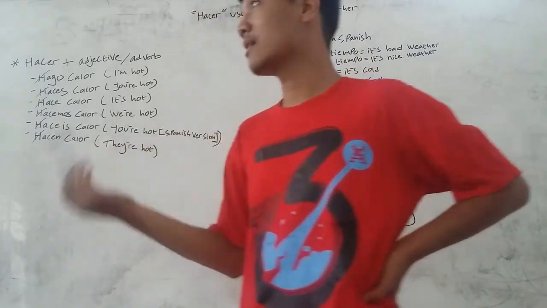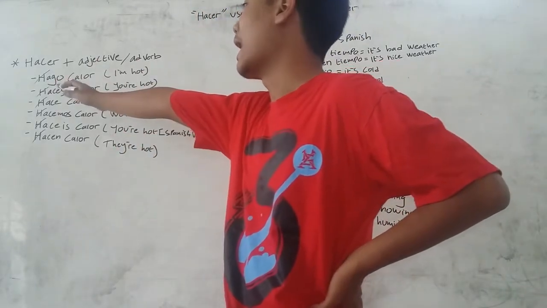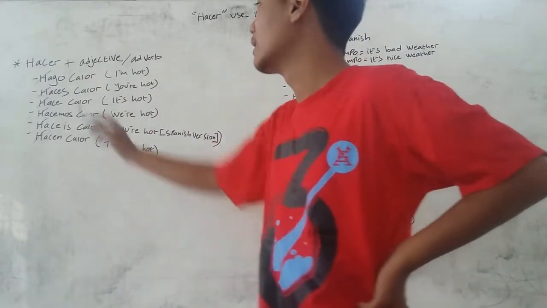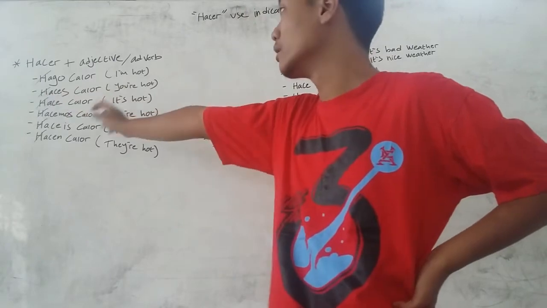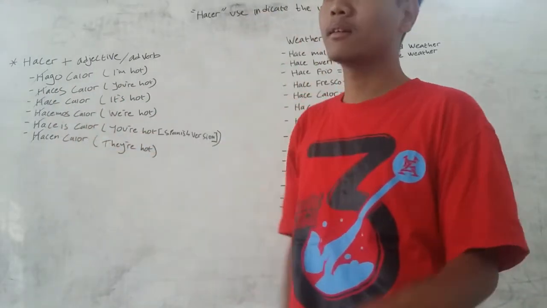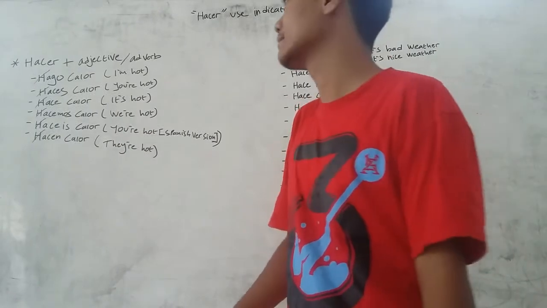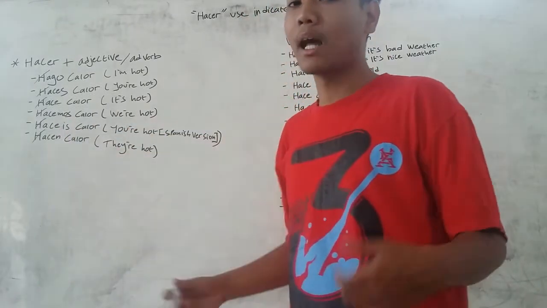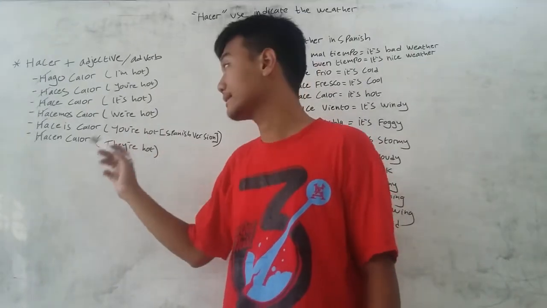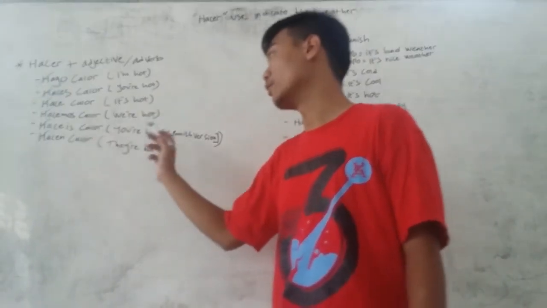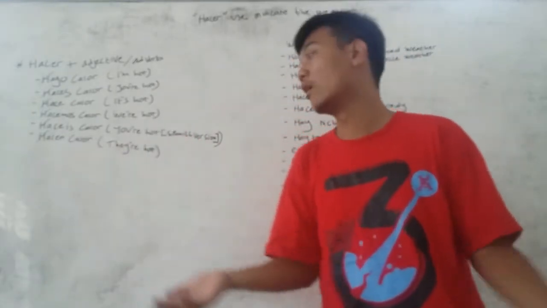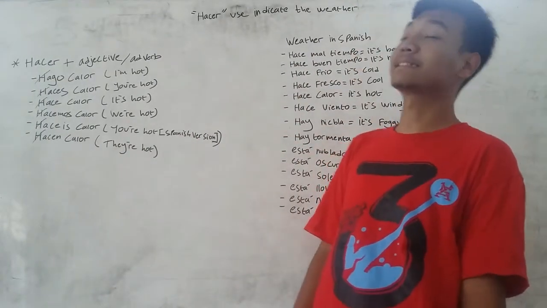So, if I say hago calor, it means I'm hot. Haces calor, you are hot. Hace calor, it is hot. Hacemos calor, we are hot. And hacen calor, they are hot.